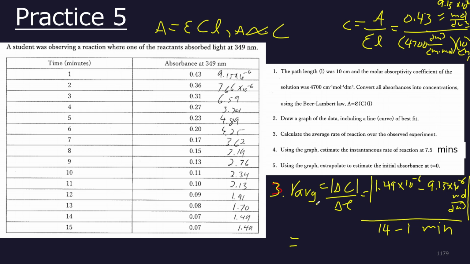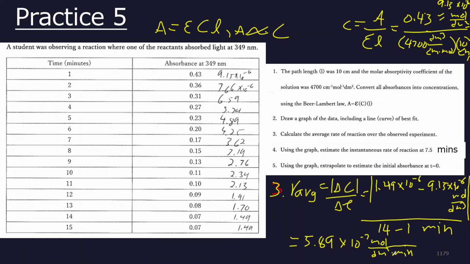So this comes out to 5.89 times 10 to the minus 7 mole per decimeter cubed per minute. We still have the units of minutes there.